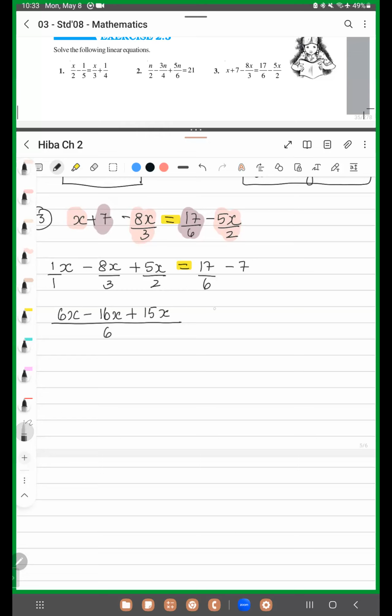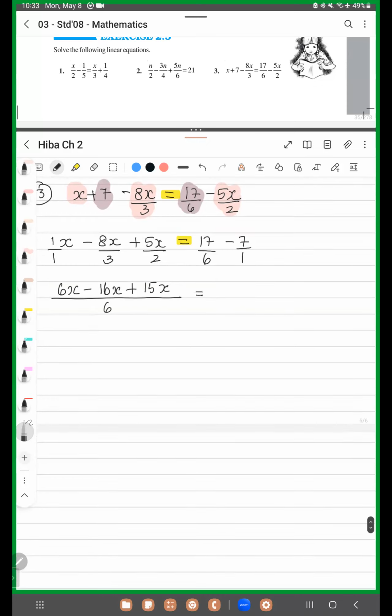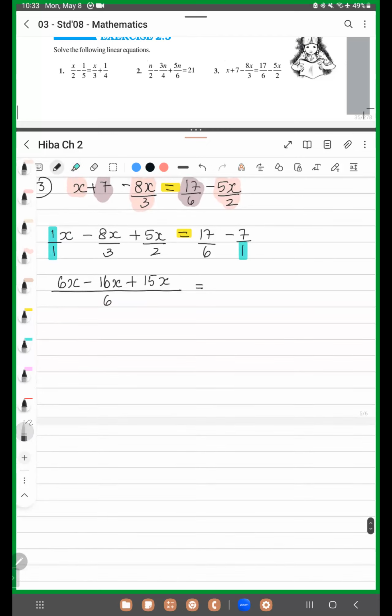ठीक है. Equals. Now the RHS, इसको भी हम by 1 लिख लेते हैं. ठीक है. LCM will be 6, so it will be 17 minus 42.